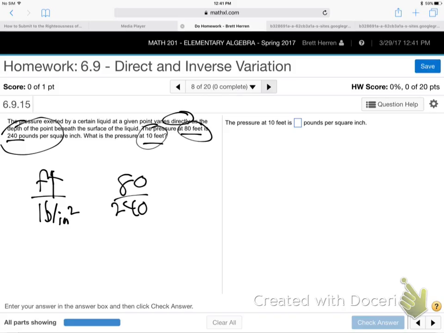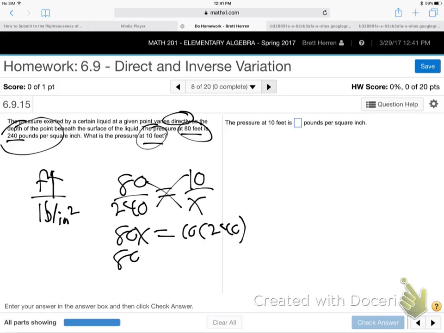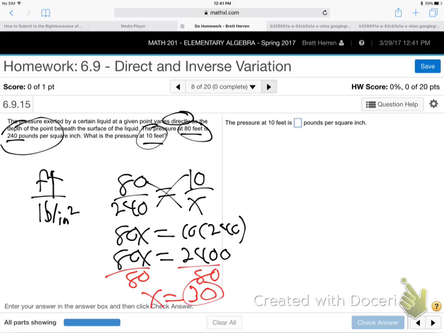So 80 over 240 is 10 over x. Diagonal, diagonal: 80x is 10 times 240. 80x is 2,400. Last step, divide by 80. x is 30.